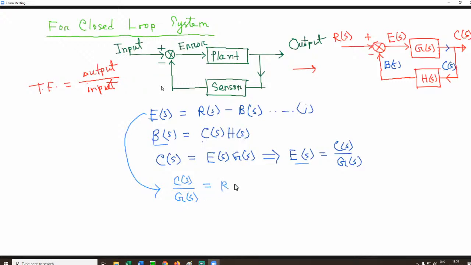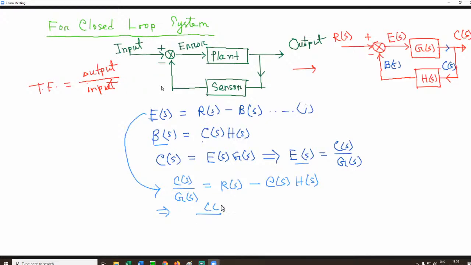So RS minus BS. BS equals CS into AS. Okay, after that we can arrange this equation. You can bring CS this side, right? Definitely.